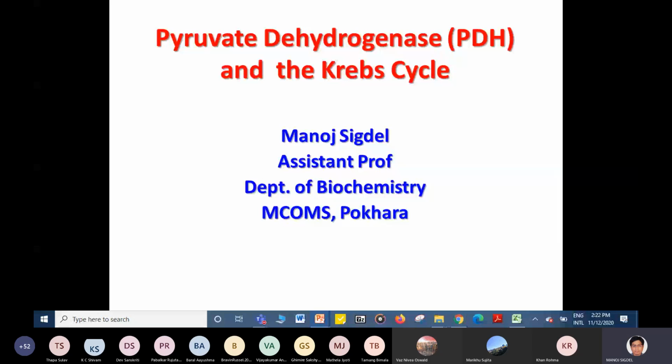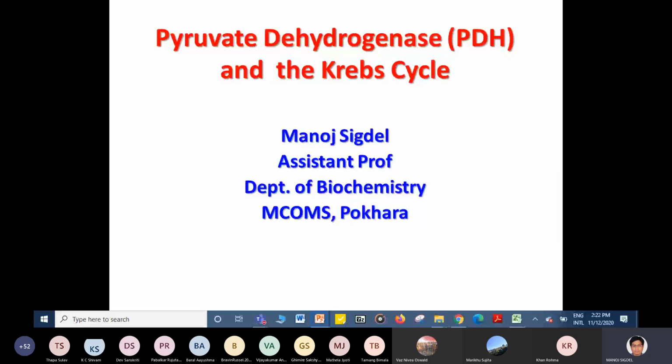That's why when saying about the TCA cycle, you should not forget to say that TCA cycle is the central metabolic pathway for all. It is carbohydrate, lipids, and proteins. But while studying in the class, we study glycolysis, and glycolysis is followed by TCA cycle. Not only from the glycolysis, but from the metabolism of protein and lipids also, acetyl coenzyme A is formed, and that goes to the TCA cycle.